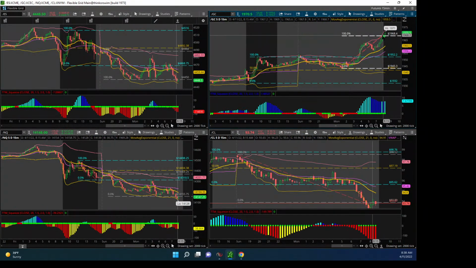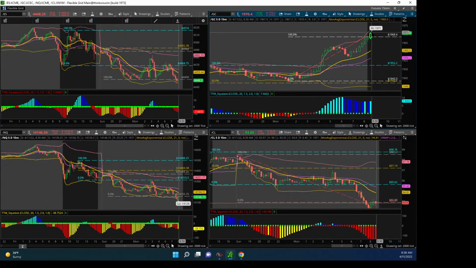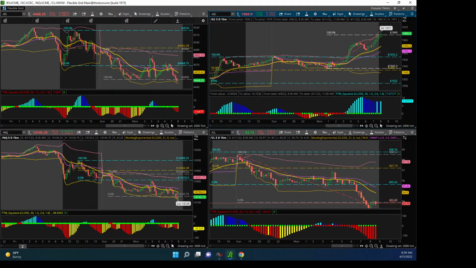This one was the good one, and then open the pit, the ghost pit right here, and it's moving higher. That one is the overnight high. So a little bit too extended. We'll see what it does. But nice momentum right here.